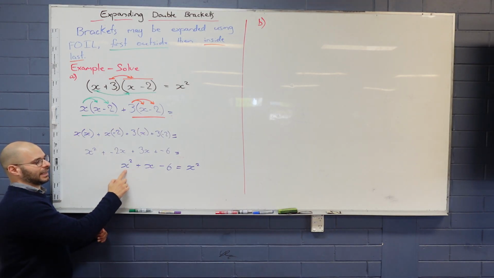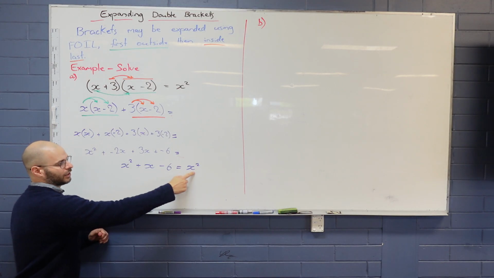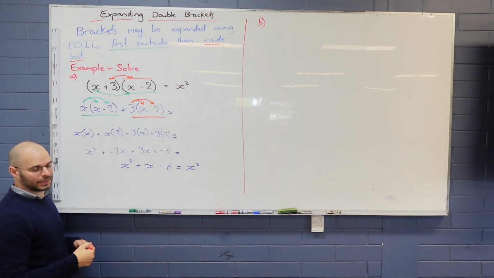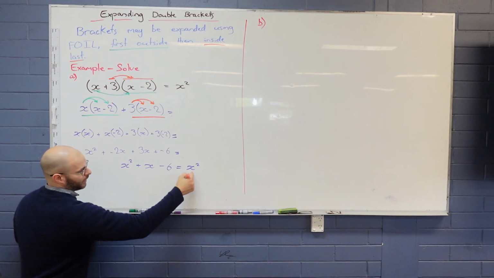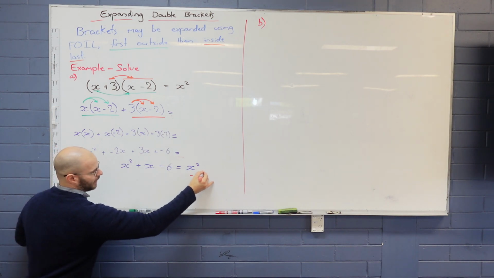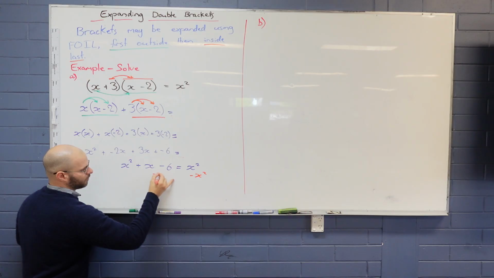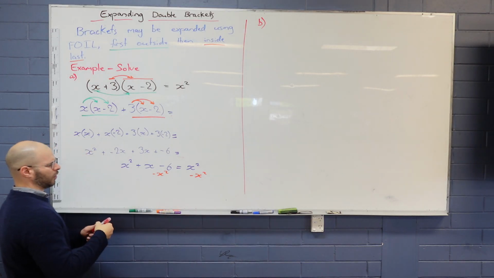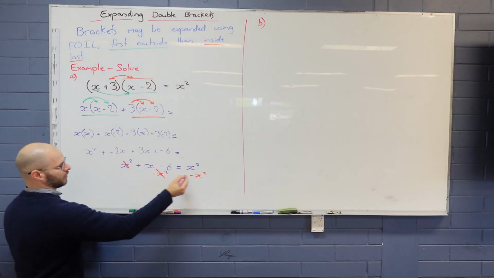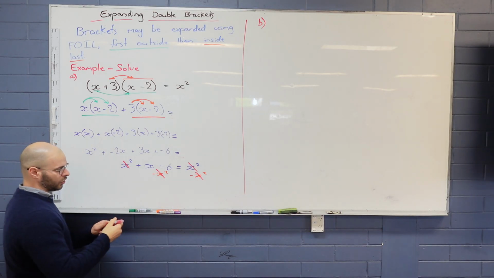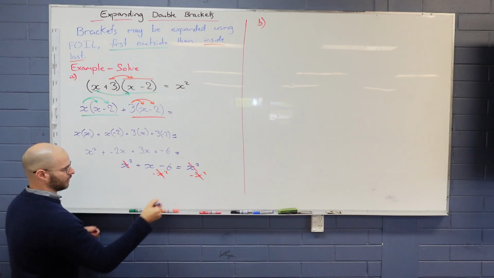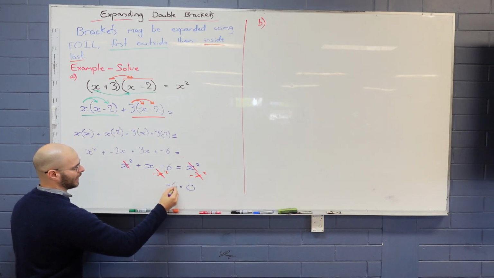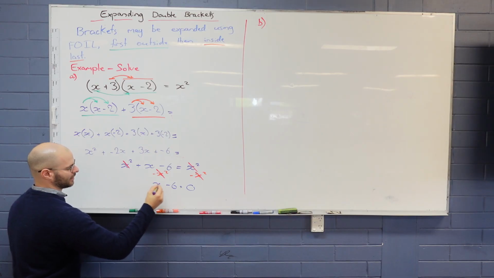You can see that there's x squareds on both the left and the right, and it's one lot of them on both. So suppose we wanted to get rid of the x squareds on the right, we would take it from both sides. But this does something really convenient. It actually cancels it on both sides of the equation for us. So no more x squareds to deal with. It's simply nothing on the right, and x minus 6 on the left.